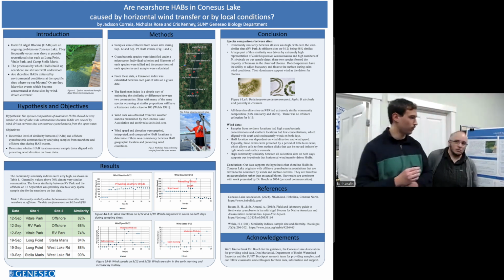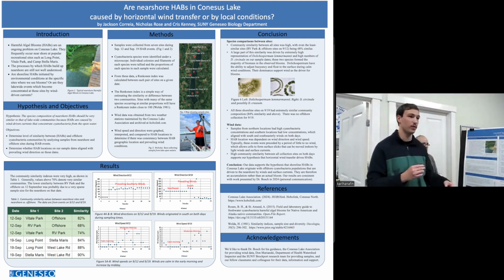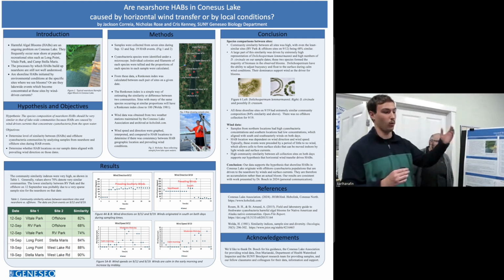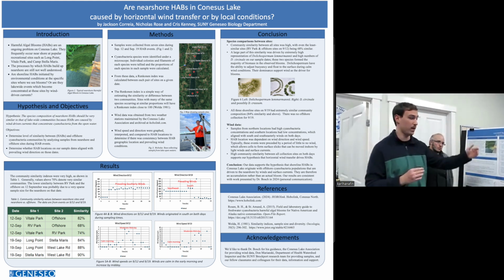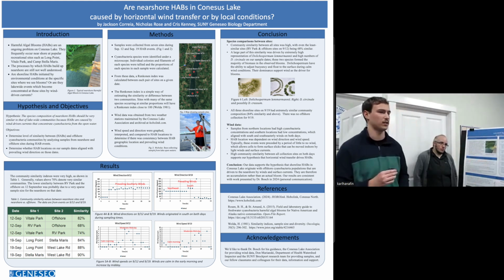Yeah, I think that's a very big part of why this is important, because I do believe we could use the wind data that is collected at Conesus to predict where the blooms will appear. So if there's a wind originating from the north, we may expect the blooms to be pushed south. And if there's southern originating winds, like we saw in our data, there's going to be blooms showing up in the north. So I feel like it's a good predictor.